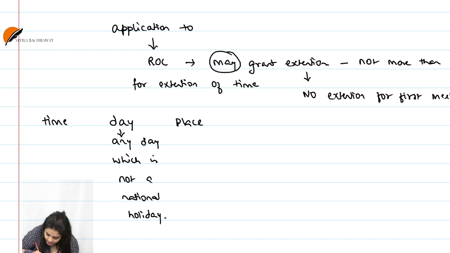Please understand, they have not said public holiday, so it can be held on a Sunday. They are only saying national holiday. What is a national holiday? Any holiday declared as a national holiday by the central government. In India, we have only 3 national holidays as of now: 15th of August, 26th of January, 2nd of October.